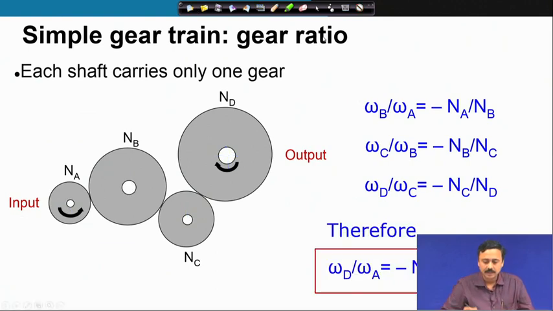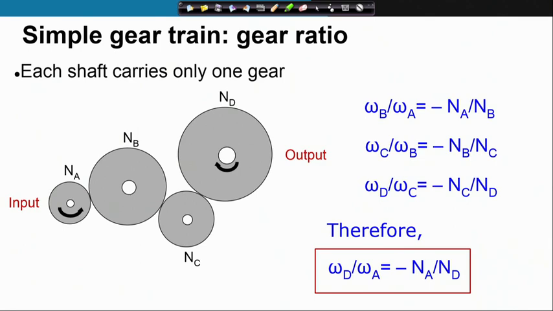So, this is what I write here finally, omega D by omega A is minus N A by N D. So, this is a simple gear train. Each shaft carries only one gear.